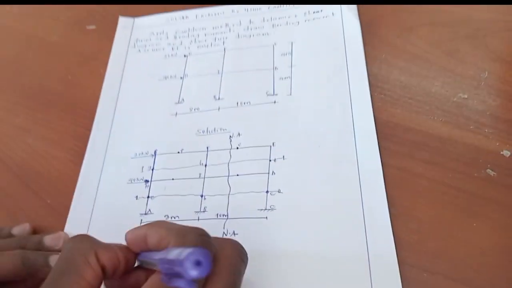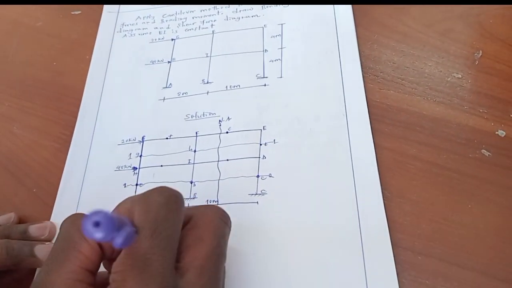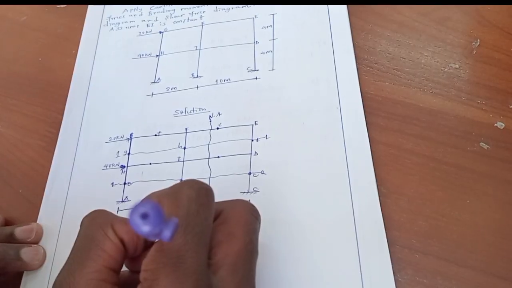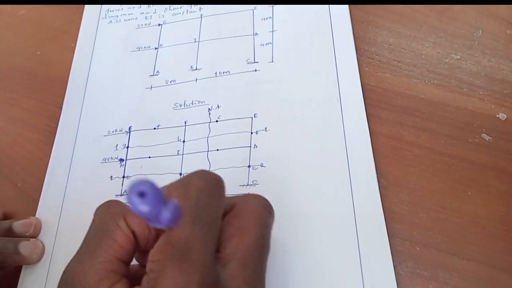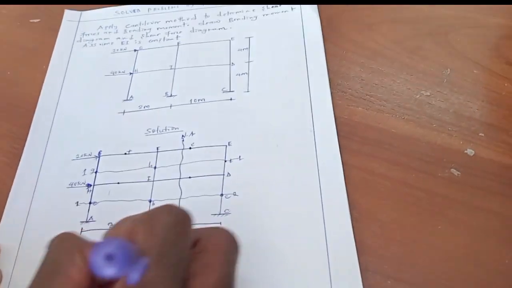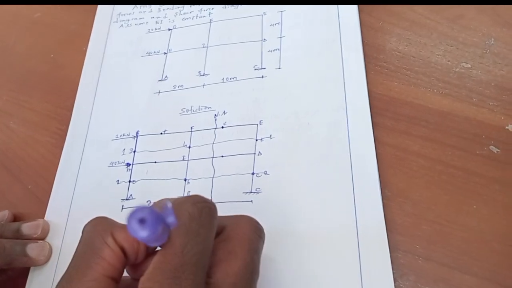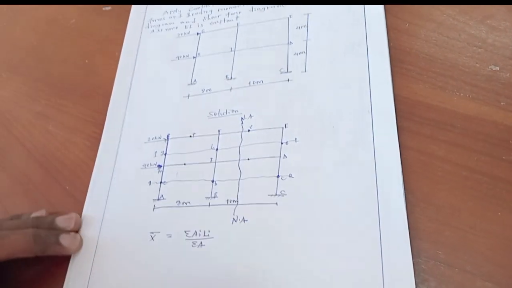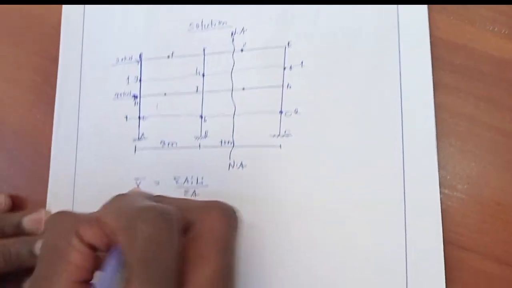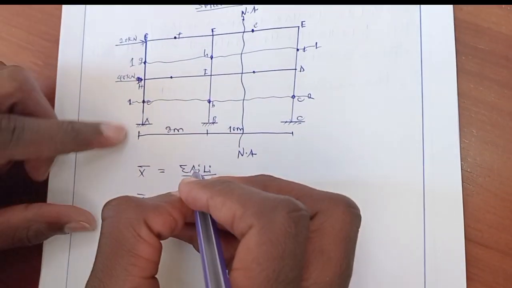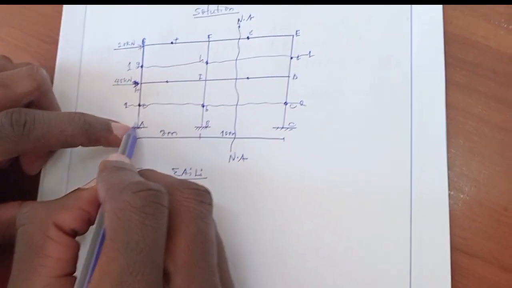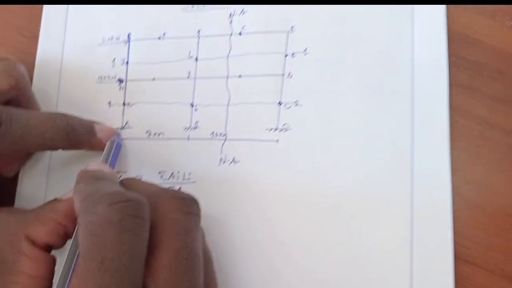The centroid of the column area is obtained by summation of area times distance over total area. Therefore, centroid will be the area of each column member times its distance.